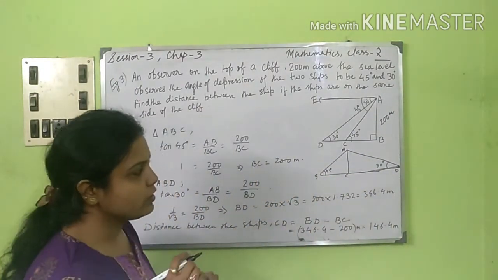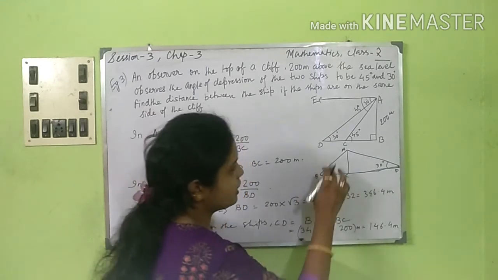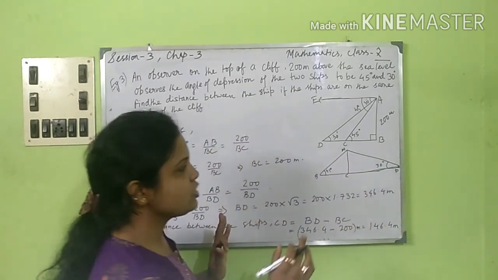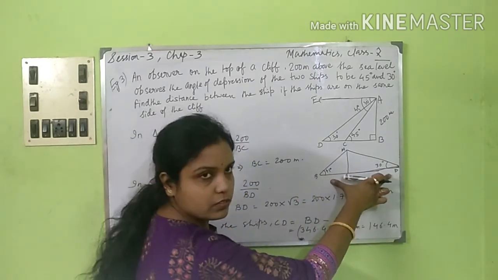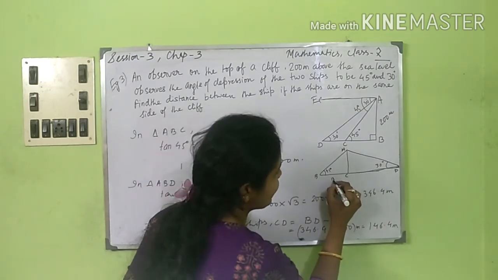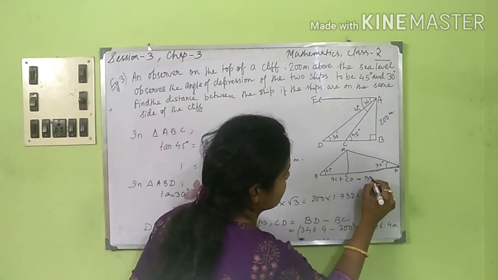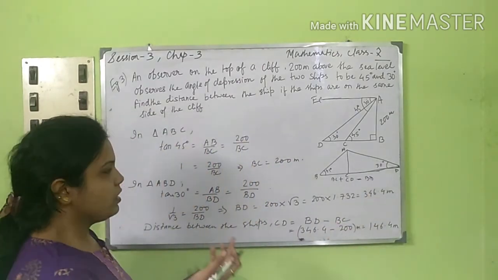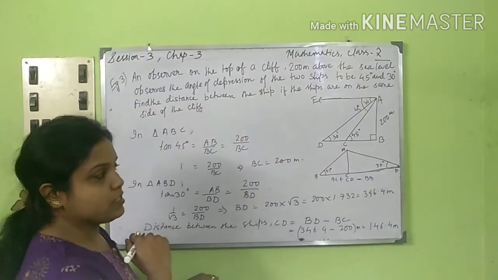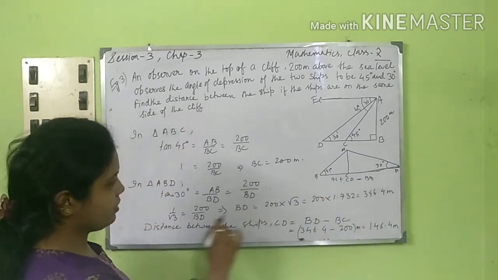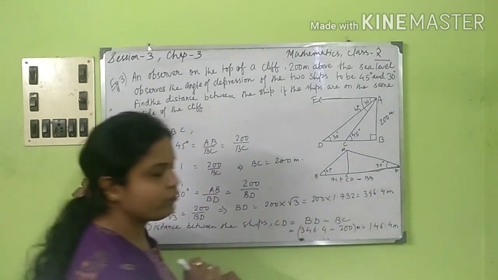Now for this particular diagram, which is the distance between the two ships? BD, right? That means we can have BC plus CD, which will give us BD. Now we already have this value for BD, here it is written 346.4 meter.